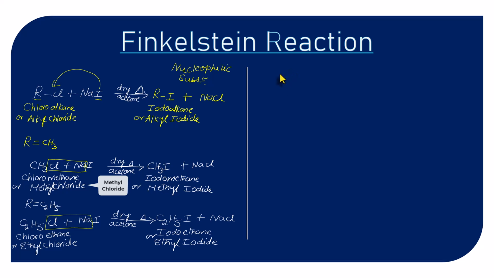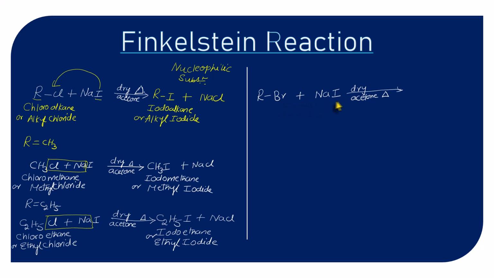Now, this is with respect to halogen being chlorine. Now let's take up how to write the reaction if, instead of alkyl chloride, it is alkyl bromide. So the general reaction equation for that case would be RBr plus sodium iodide, and the condition is dry acetone and we are subjecting it to heating. Now what happens?